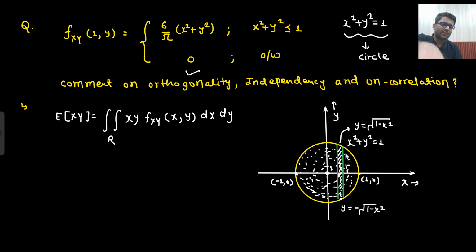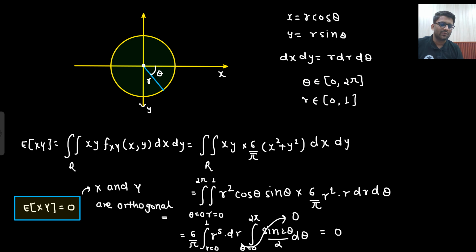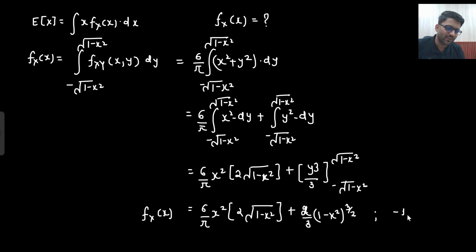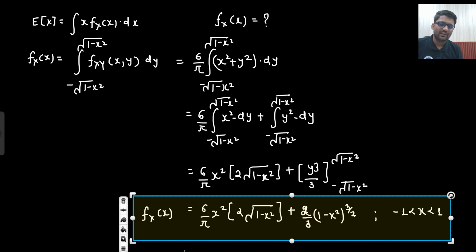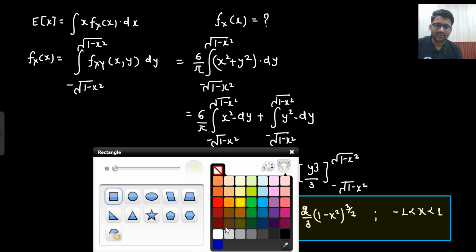Basically, if your y is going from minus under root 1 minus x square to under root 1 minus x square, then x is going from minus 1 to 1. So with the limit that x is going from minus 1 to 1, this is the fx of x you are getting. Say yes or no. Just understand one thing here.